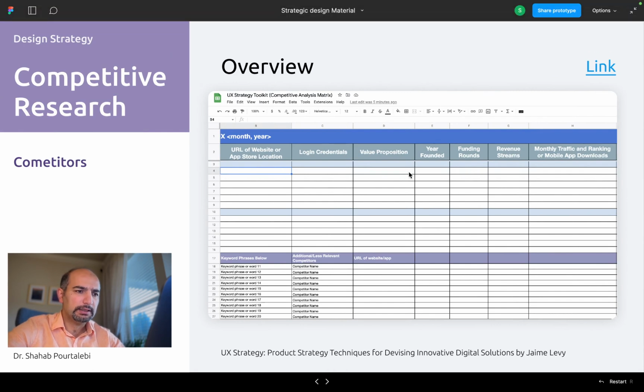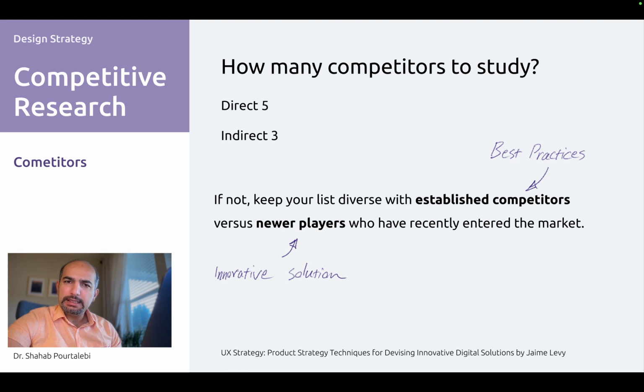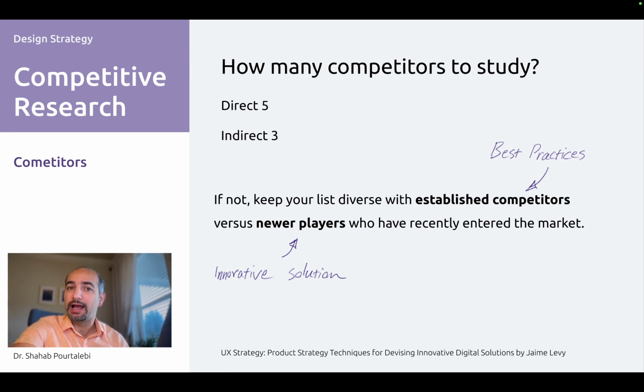So here, let's go here. How many competitors do we need to study? Okay, this book mentions five direct competitors and three indirect competitors would be the best option, but sometimes you wouldn't be able to find any direct competitors. Your idea is so unique that there's no competitor out there with the same value proposition.